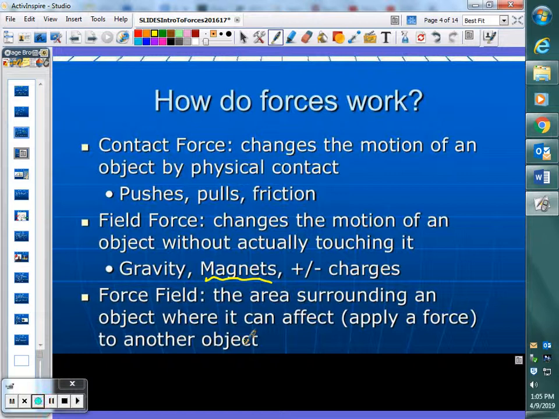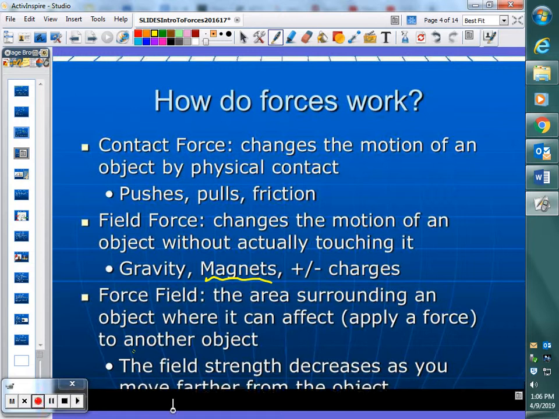Now, non-magnetic things, like this eraser, still exist within Earth's magnetic field, but they aren't affected by it because they're not magnetic themselves, right? Is that good?